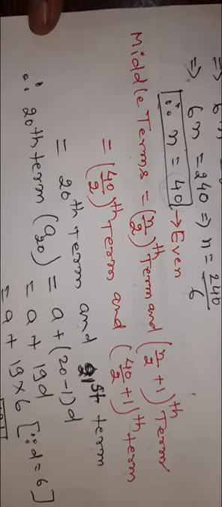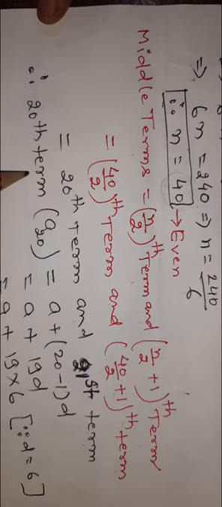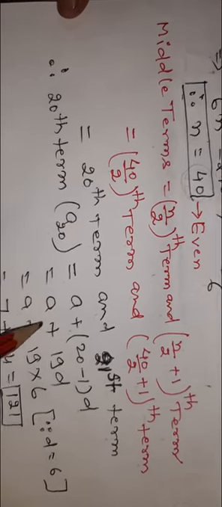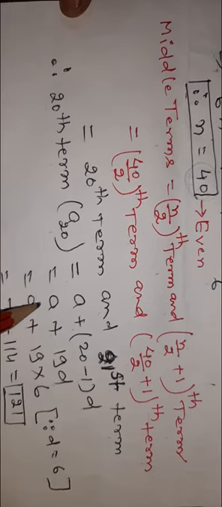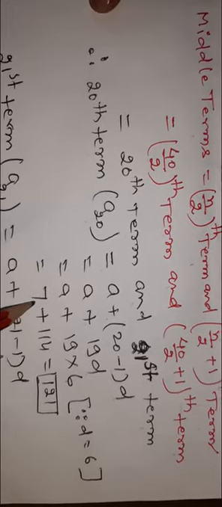Now find one by one what will be the number at the middle term. 20th term means A20 is equal to A plus 20 minus 1 into D, which is A plus 19D. In place of A you have to put the value from the given AP. A plus 19 into 6, D is here 6 from the AP, and A is 7 given in your AP.